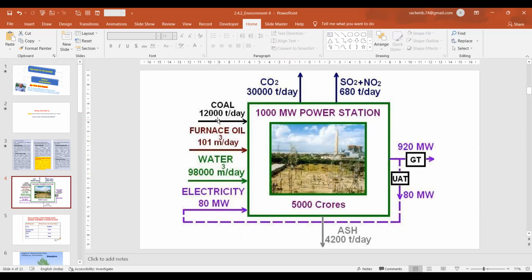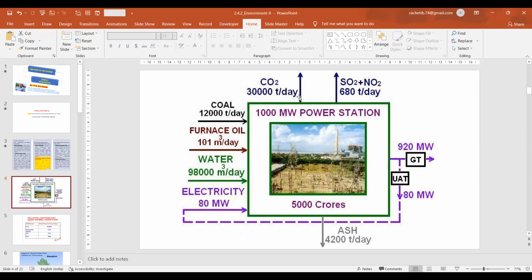About 12,000 tons per day coal will be required. Furnace oil requirement will be 101 meter cube per day. Water requirement is 98,000 meter cube, out of which around 50,000 meter cube goes to condenser cooling in a cooling circuit. So this much is the input.